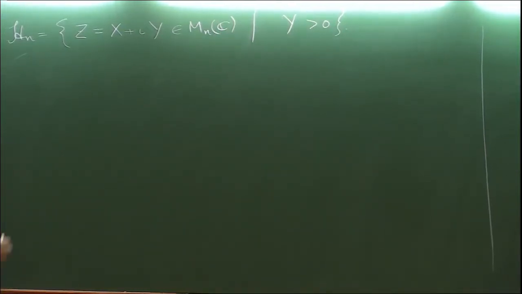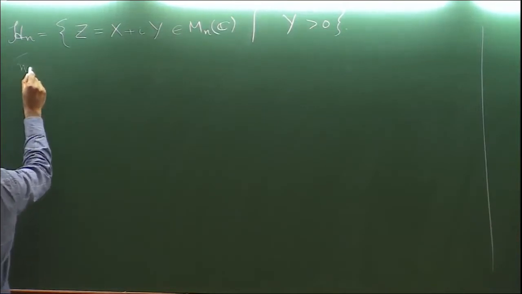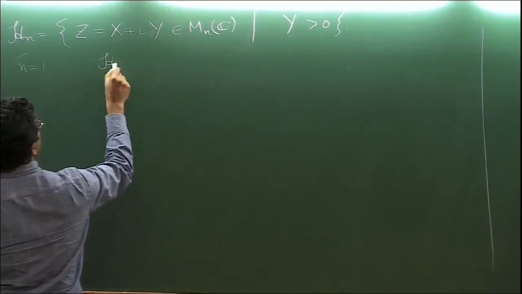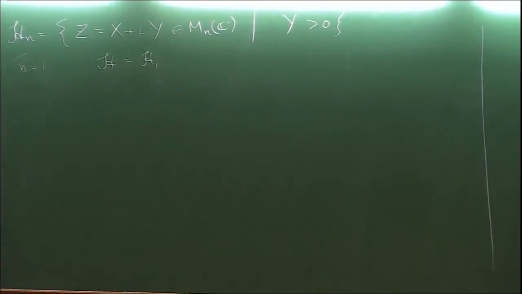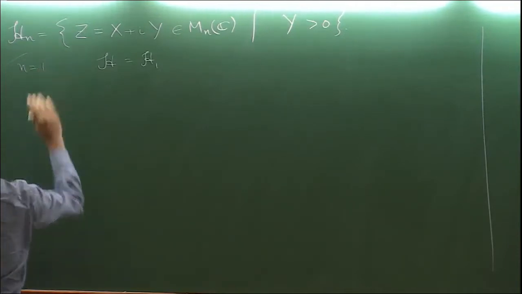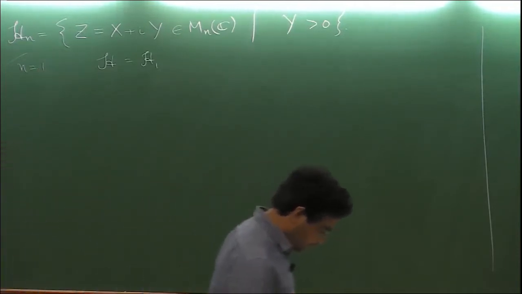Okay, so again, when n is 1, you just get the usual upper half plane. When n is 1, I'll forget about all these subscripts or superscripts that I'm going to put.